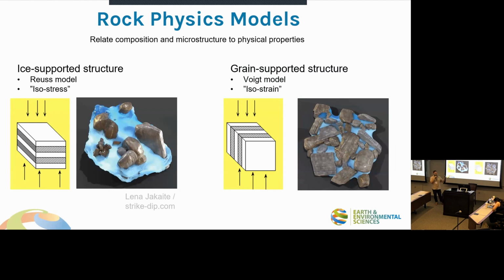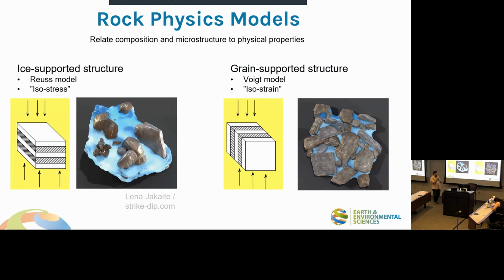And in order to interpret seismic data on the Earth, we use rock physical models. In particular, I'm going to be talking a little bit about effective medium models, how we understand the behavior of composite materials, which is what an icy regolith material would be like. To use the right model, you need to really understand the physical properties of the components and also the microstructure.